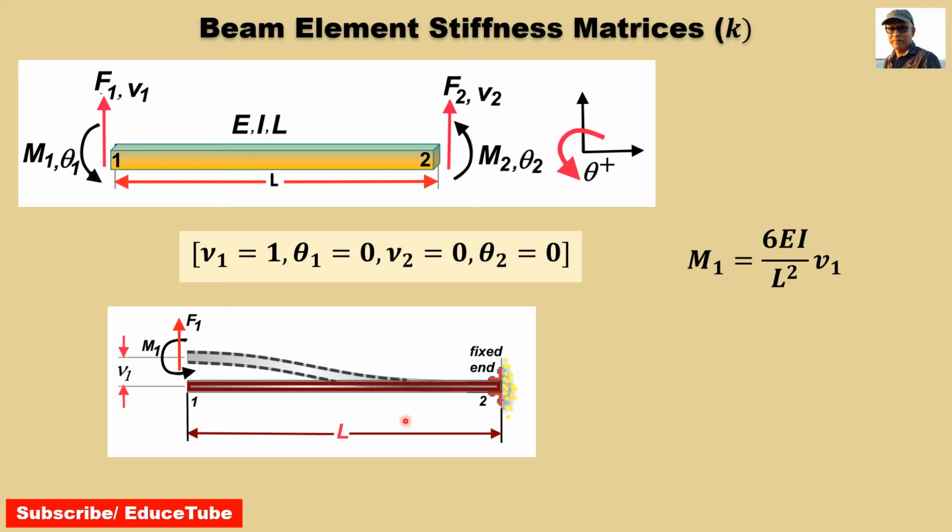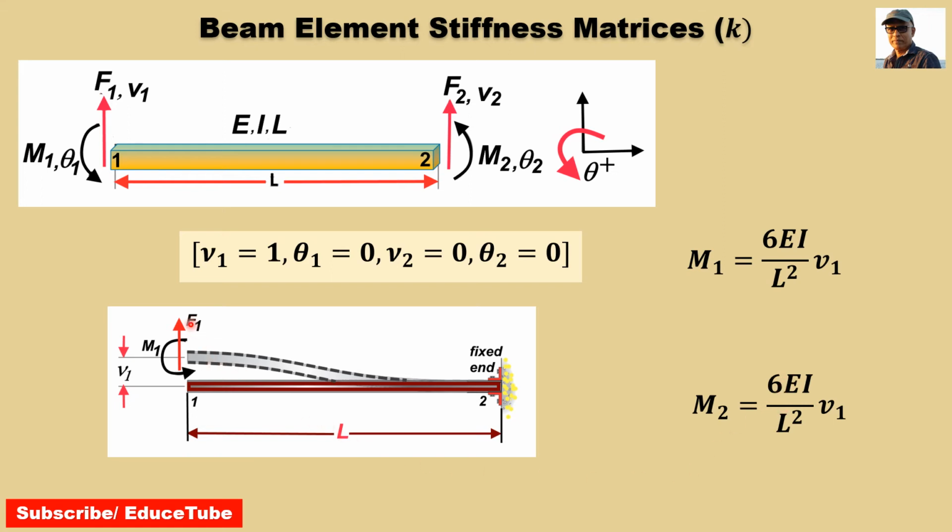This one we got, M1. Here it is a fixed end, so there is a moment M2 and a force F2 also. I did not write them here, but you have to think that a fixed end means there is a moment and a force, that is M2 and F2. So what will be the M2? M2 will be this.